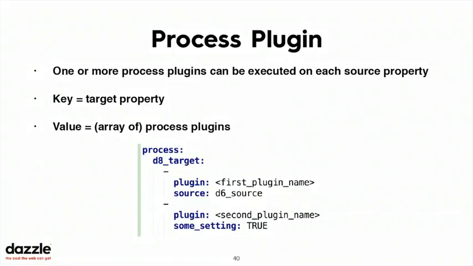It gets fed into the first plugin, name, process plugin. This will process it, we'll push it over to the second plugin, which will also do some manipulations on the data, and then the data will be assigned to the D8 target destination property.